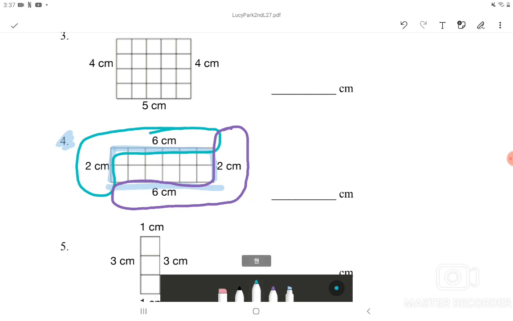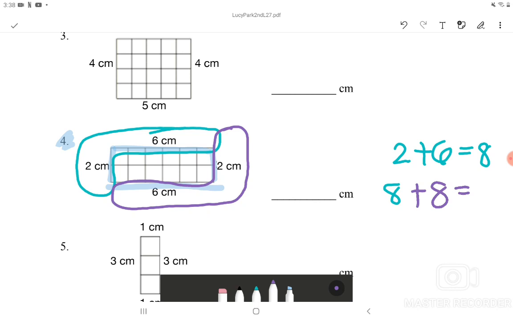So one way you could do this is just add 2 and 6, which is equal to 8. And because those two sides are the same, we just have to do 8 plus 8, which will be equal to 16. So we know that it is 16 centimeters long.